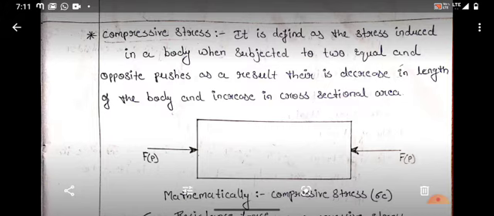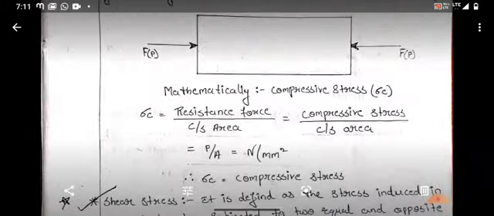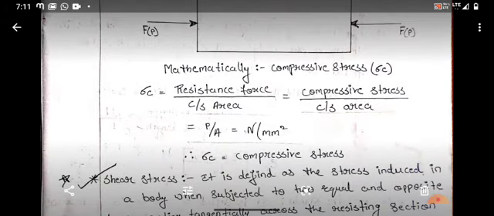Whereas in compressive stress, because of two equal and opposite pushes, there is a decrease in length and an increase in cross sectional area. Mathematically, compressive stress is equal to resisting force upon cross sectional area, or compressive load upon cross sectional area. So this indicates the compressive stress. It is also expressed in Newton per mm square.